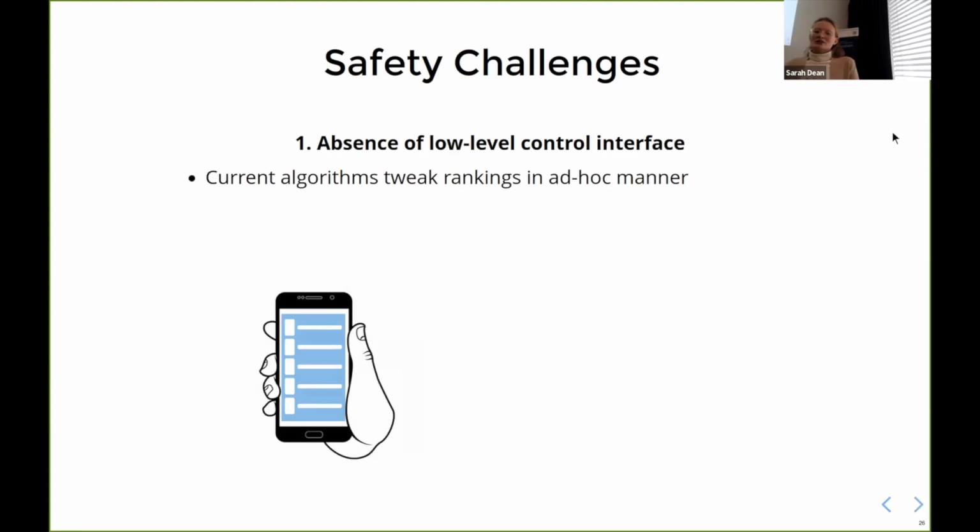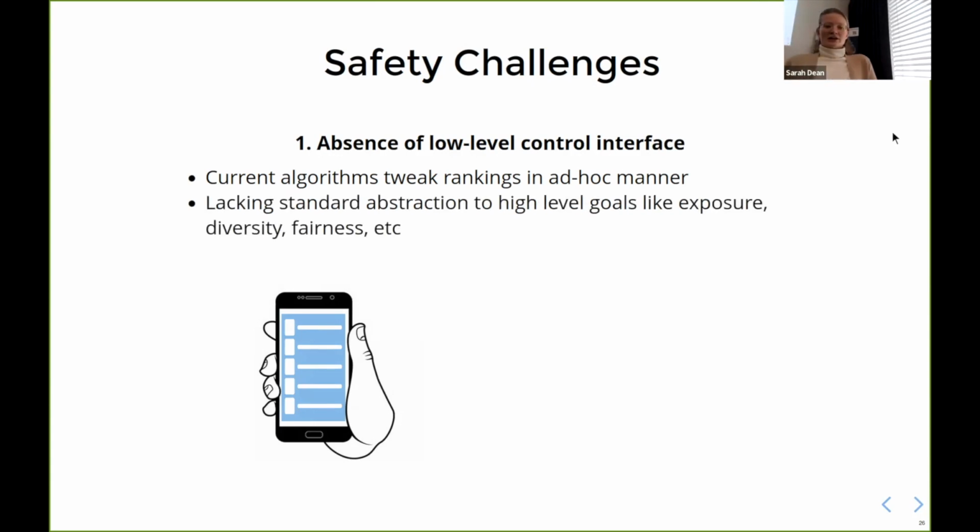For example, most algorithms tweak rankings, tweak the content that they show in a very ad hoc manner, right? Sometimes there's actually kind of conflicting re-ranking or ad hoc score adjustment algorithms that are used to achieve additional goals. And these high-level goals include things like exposure, diversity, fairness in a recommended list. And there's really just not a standard abstraction from that high-level goal to this kind of low-level ranking algorithm.